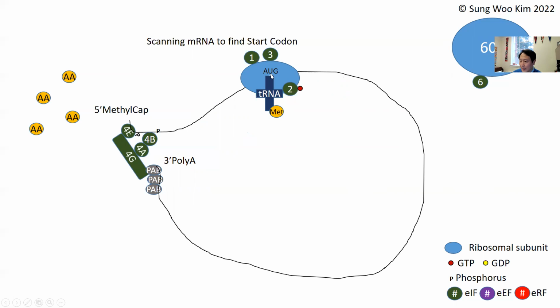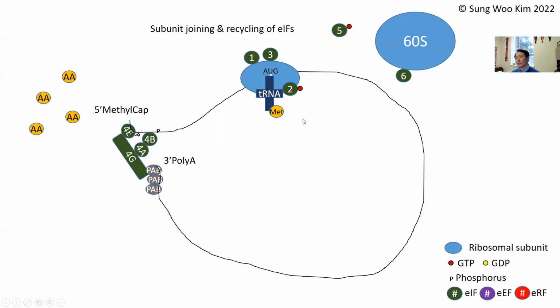And now this ribosome found the start codon. Seems like it will start the translation. To do that, we need the 60S coming back for the association, the rejoining of the subunits. Okay? So this 60S will come.